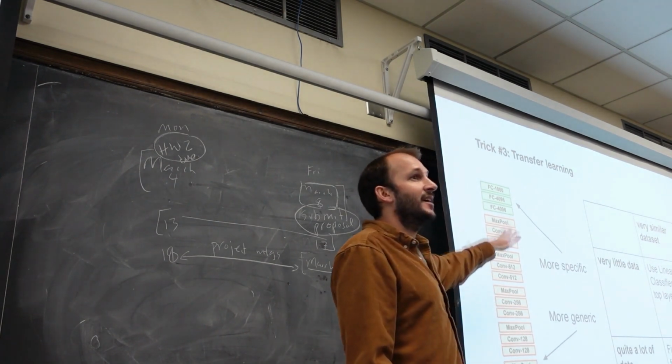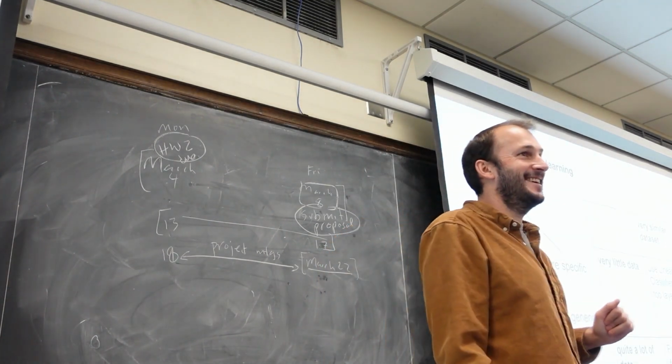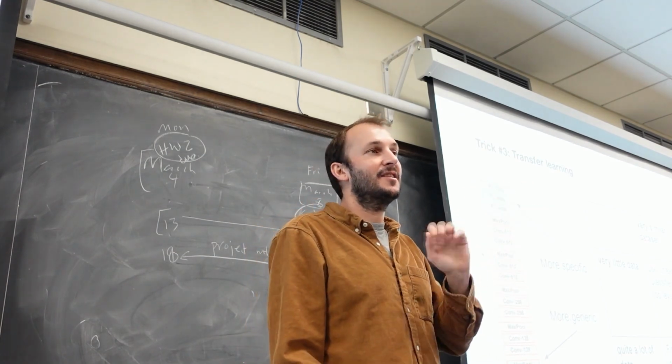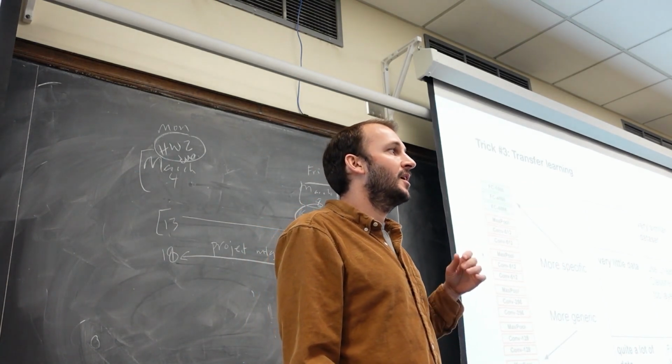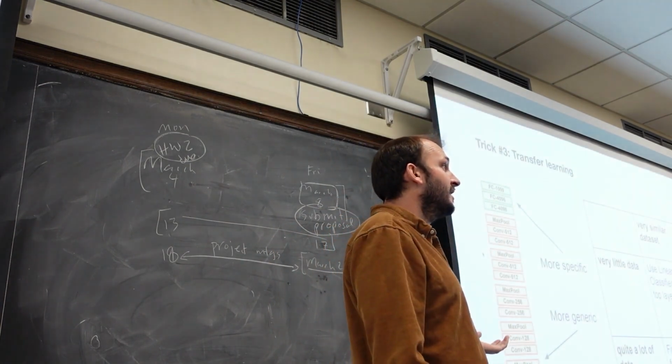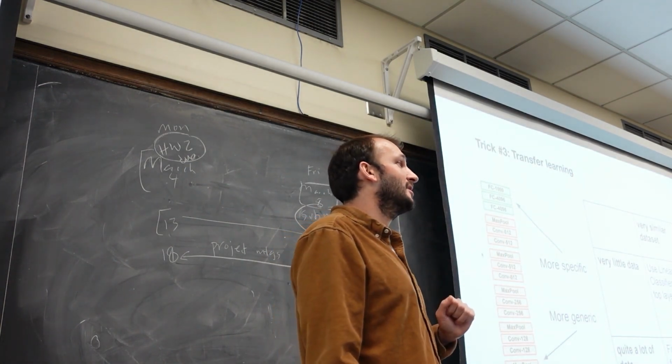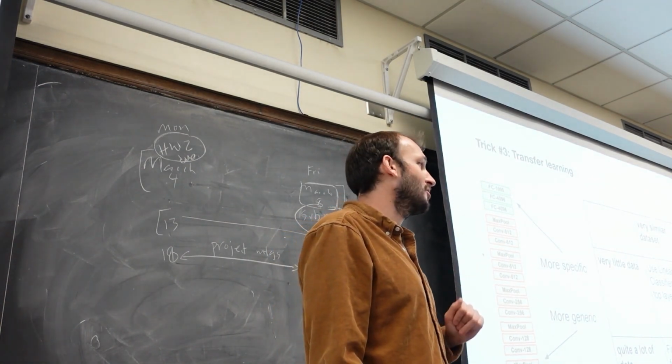If you do have little data and a very different data set than what you might be able to pre-train with, you're in trouble. You need to find a data set that closely matches your data set, right? And so if you are using MRI data, there's definitely pre-trained networks out there that have used MRI data.